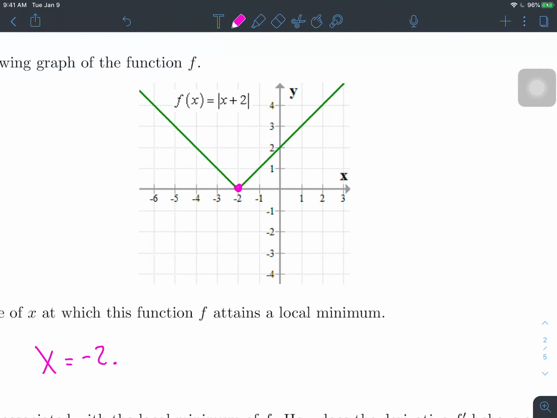Kevin says it could look like anything, and I think what he's getting at is, sure, this one works like before. But what about this one? Or this one? All of these lines have the property that they are a tangent line to the graph of f at the point -2, 0.